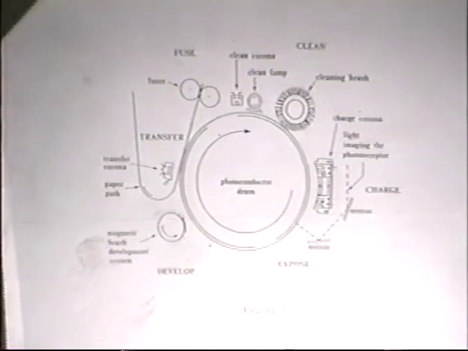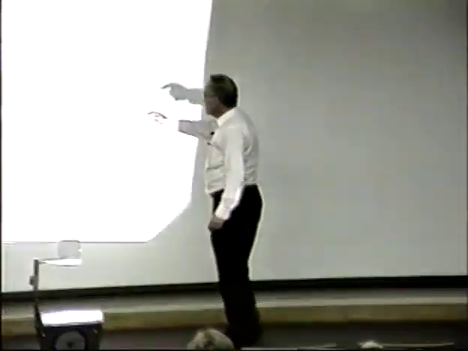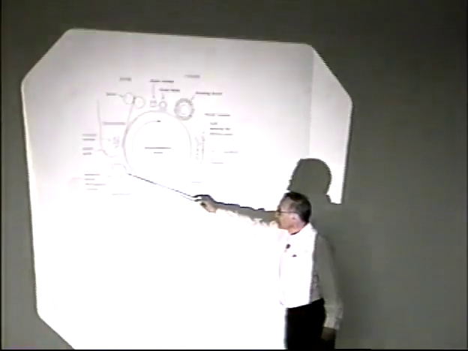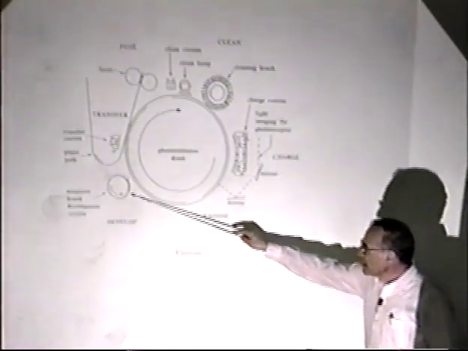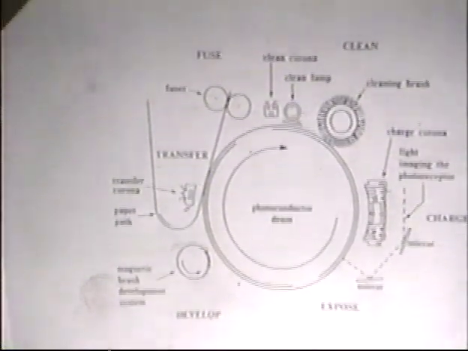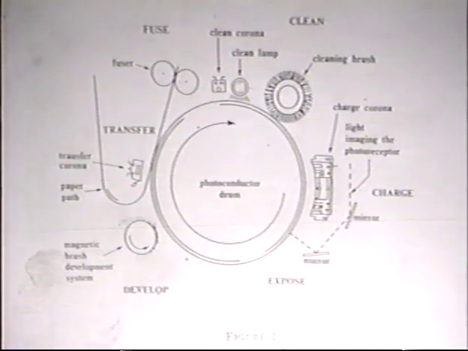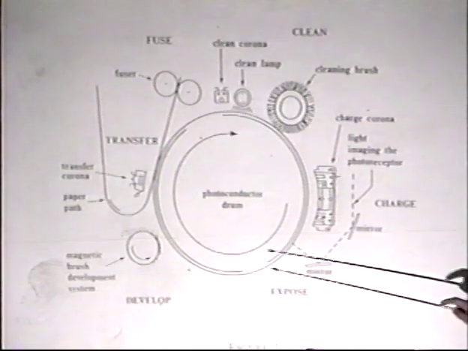An electric image is not something that you can see. You cannot see charges. So what we want to do is to convert the electric image to a visible image. And this is done in this step, the development stage. So here there is a magnetic brush, the developing system, and I'm going to talk about this in a little while. But let's go on with the next step.